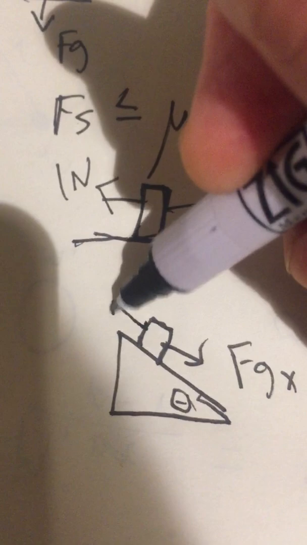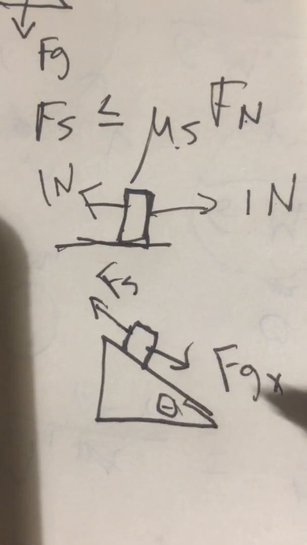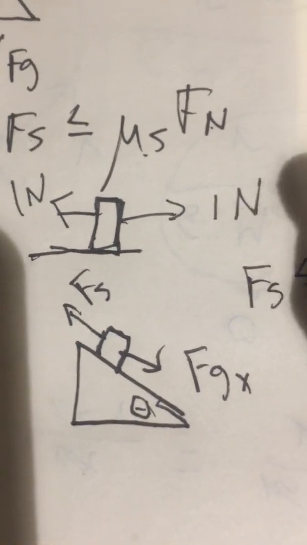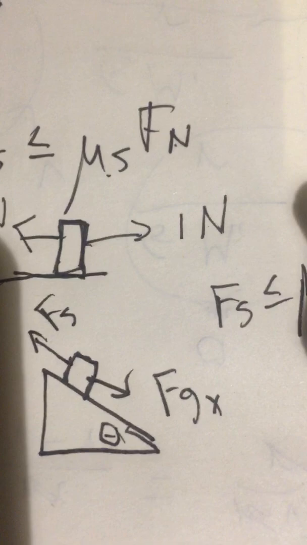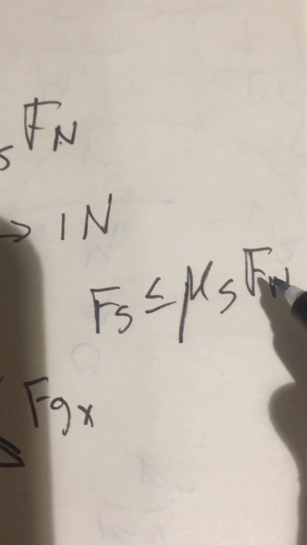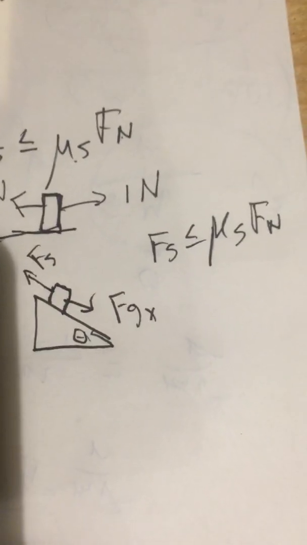That's going to be bigger than Fgx. So static friction can't be that size. It can only be as big as the force acting on it. And then the biggest it can get, of course, is mu s Fn, so that when Fgx gets bigger than this, then the object's going to slide. It'll break static friction. Okay, that's just a little reminder on static friction that I thought is useful to reinforce.